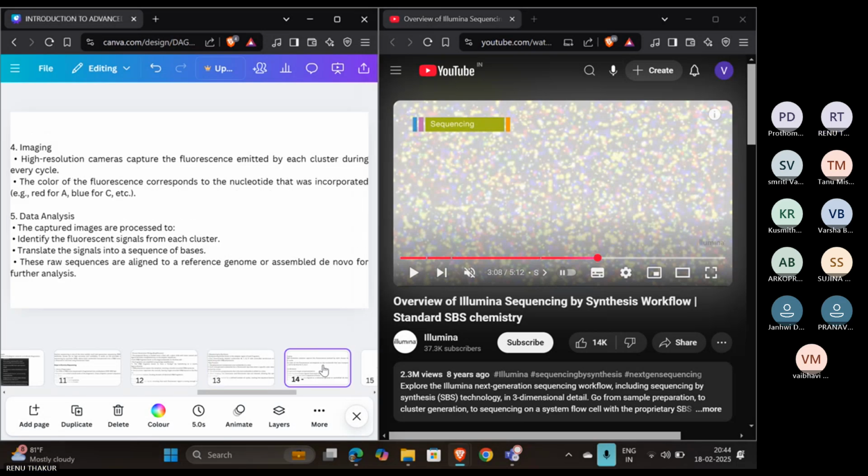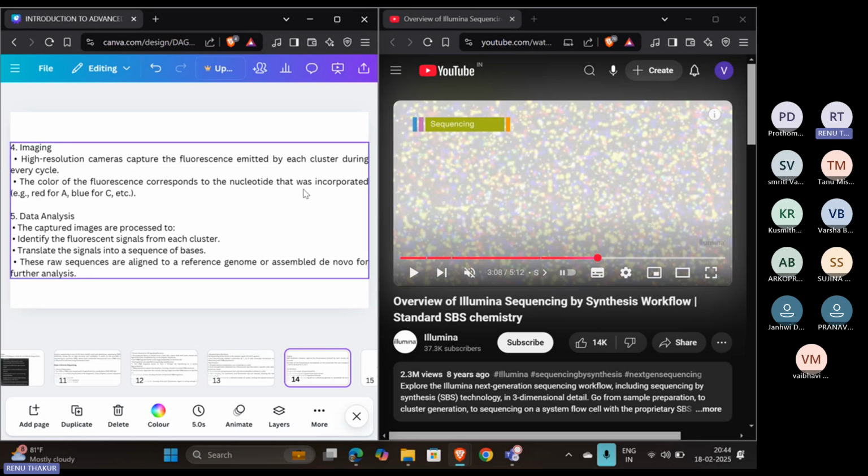High resolution cameras are going to capture the fluorescence emitted by each cluster during every cycle. The color of the fluorescence corresponds to the nucleotide that was incorporated, like I said, maybe red for A, blue for C, etc. So this is how it works.